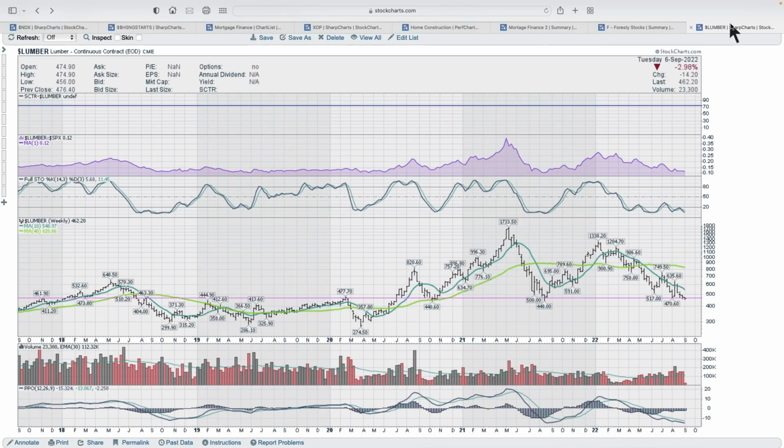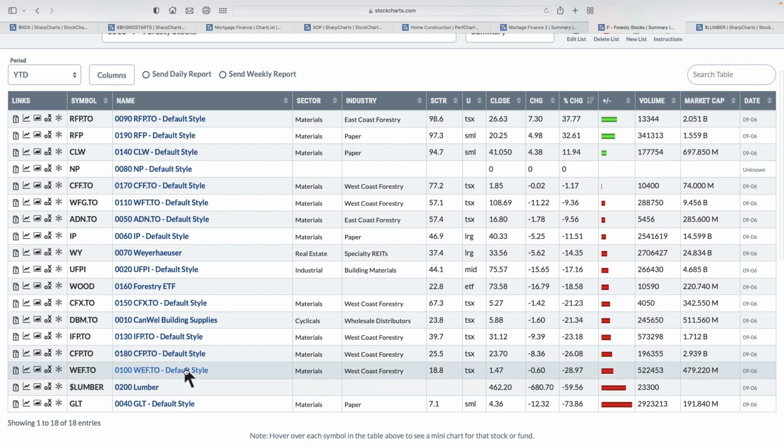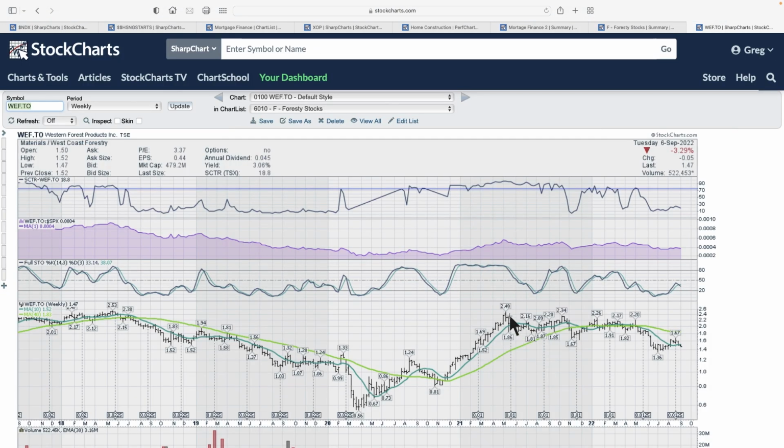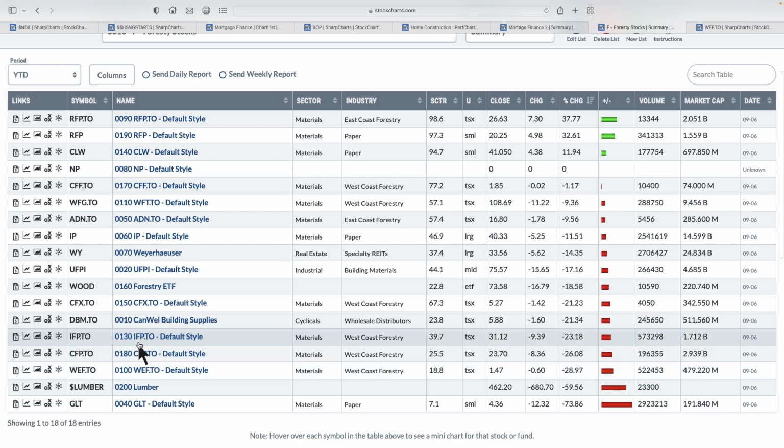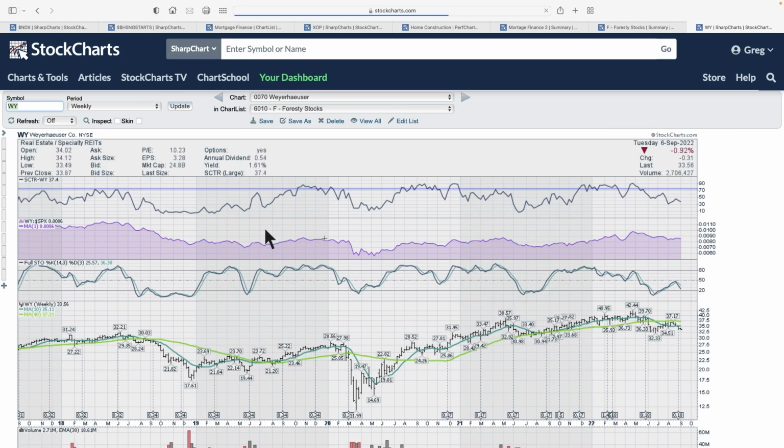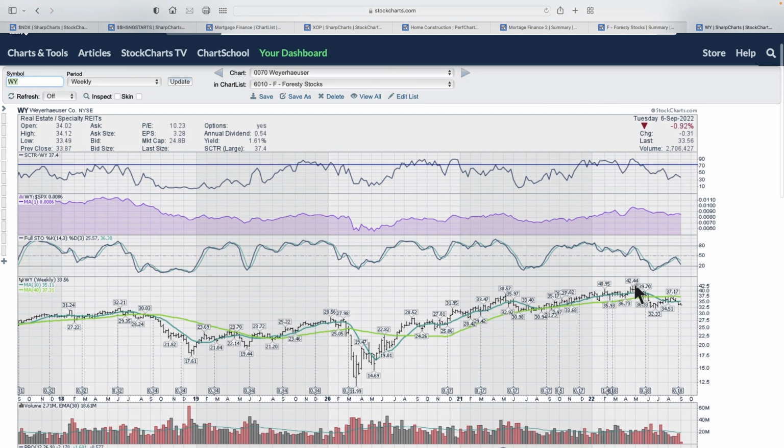And then when we get in here, here's West Fraser Timber. The chart's been declining since the middle of May 2021. There's a clue there that things were changing across these stocks. And when we go back to some of the other names, Weyerhaeuser, this chart made its high in May this year, but it's still pulling back and hasn't started to improve yet.